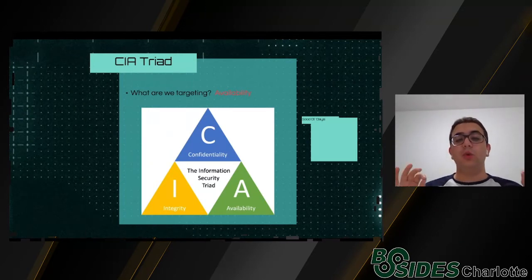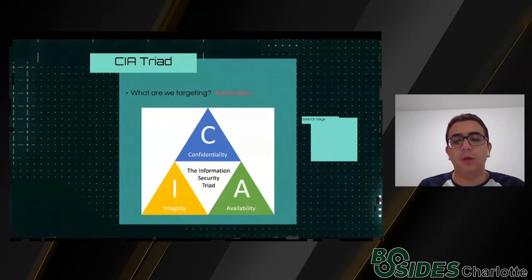And finally, we go to our target, the target of denial of service attacks, which is availability, or the A in the CIA triad. What do we mean by availability? The service, the server, or the system is said to be available if it's able to serve its customers and users, and users are able to utilize the system. Imagine that you go to a website and you are trying to log in, and whenever you try to use the website, it's giving you an error or it's timing out, it's not working.